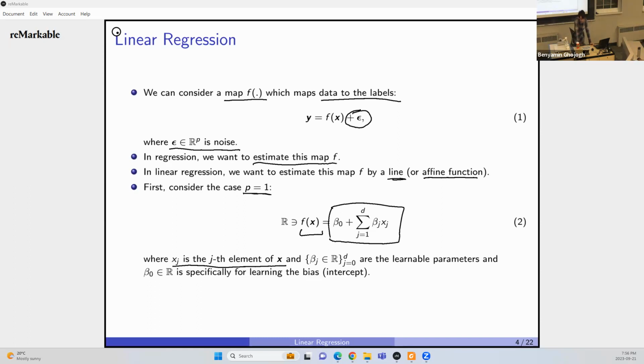Otherwise, if this is your data and you need to fit something like this, you will fit something passing through 0, because its intercept is 0.